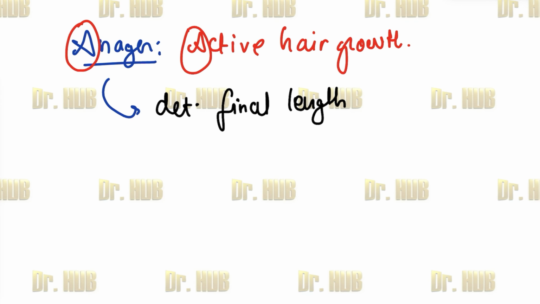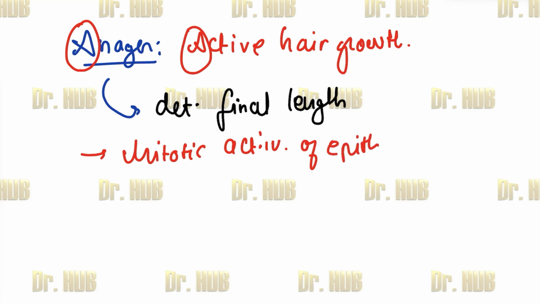The entry of the resting hair follicle into the anagen is heralded by the onset of mitotic activity of the epithelial cells overlying the dermal papillae at the base of the follicle.